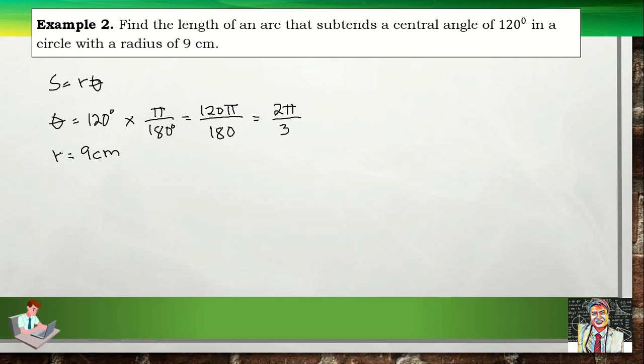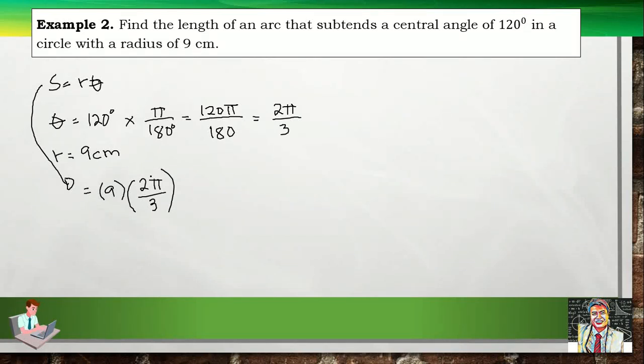Next, since it is now in radian form, we can substitute in the given formula. That is R, which is 9, multiplied by the radian theta, which is 2 pi over 3.